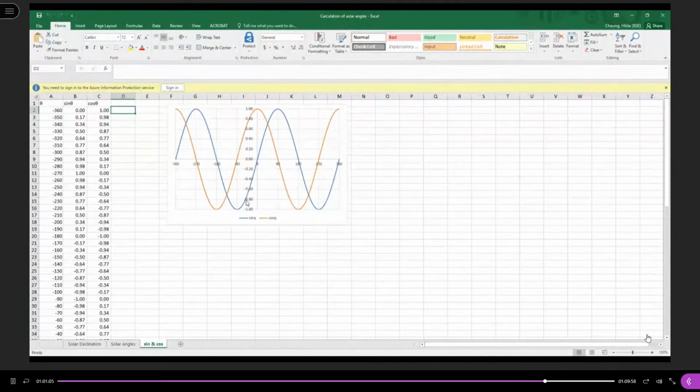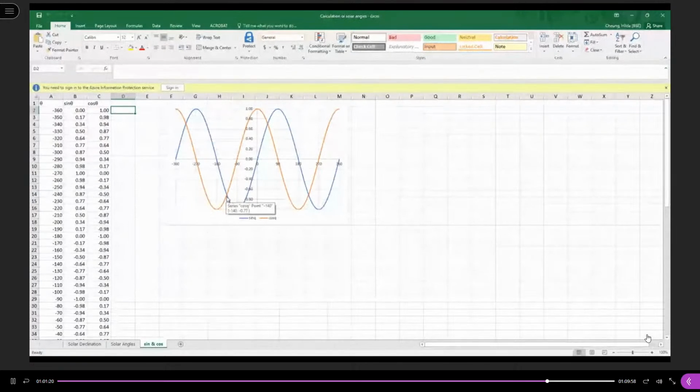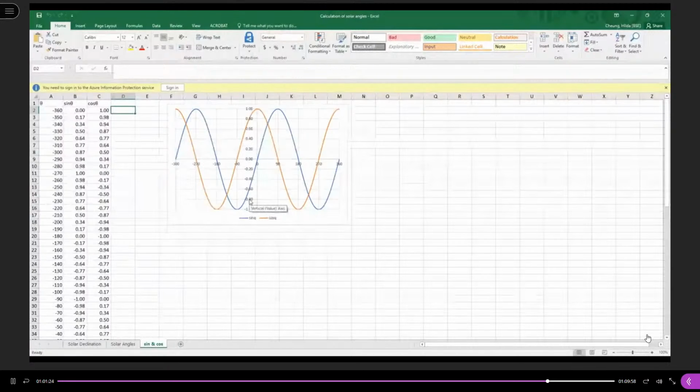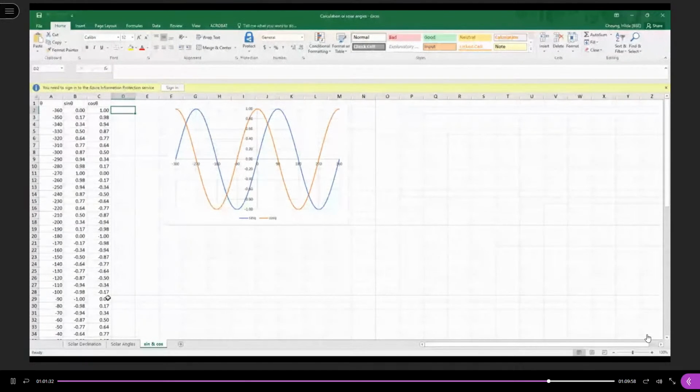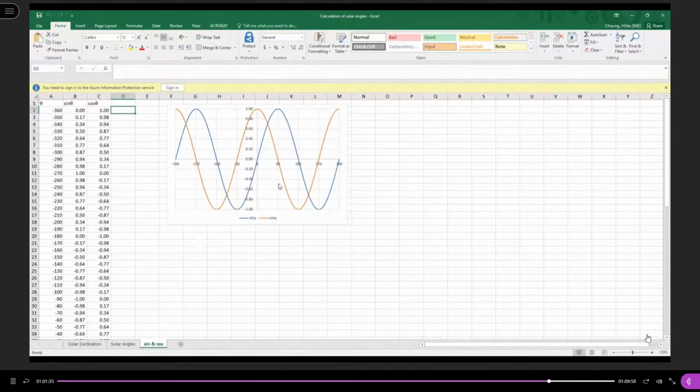But apart from negative 60, maybe negative 120 will give you the same value for sine theta. Okay, because it is a cycle. So for sine theta and cosine theta, it is a cycle. So if you just use the equations to do the calculations, you may come up with a wrong answer.